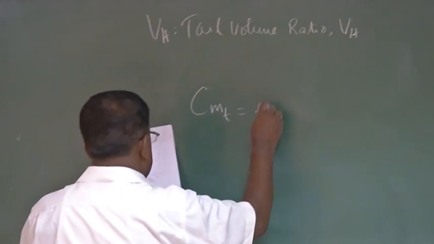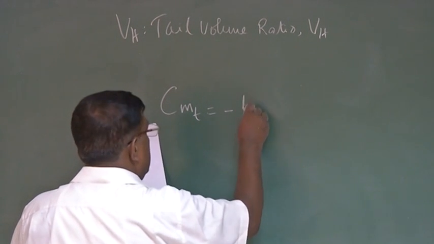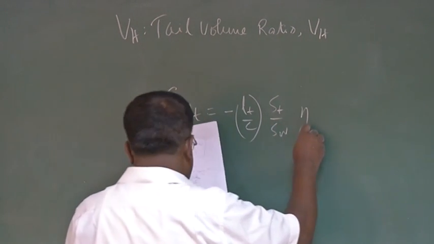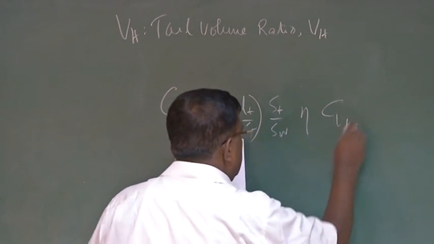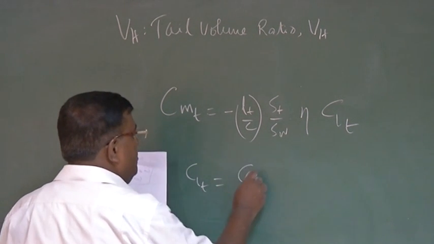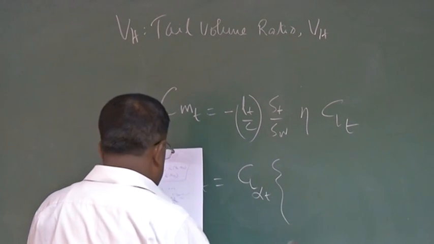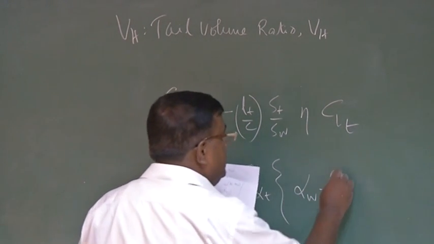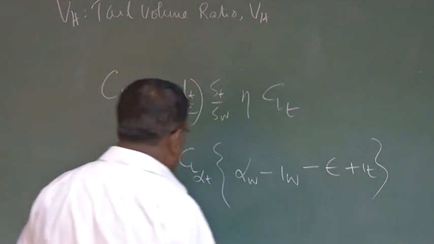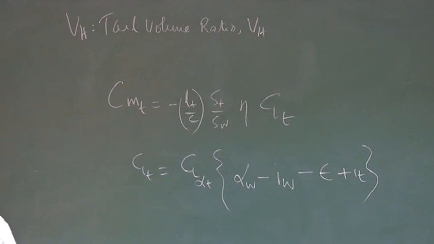CM tail equals minus LT by C bar, ST by SW, eta into CL tail, and CL tail is equal to CL alpha tail into alpha tail, which is alpha W minus IW minus epsilon plus IT. I'll be going quickly with this derivation because this is not the main part of this course. I will only touch upon a few things so that I extract the maximum in terms of design aspects.